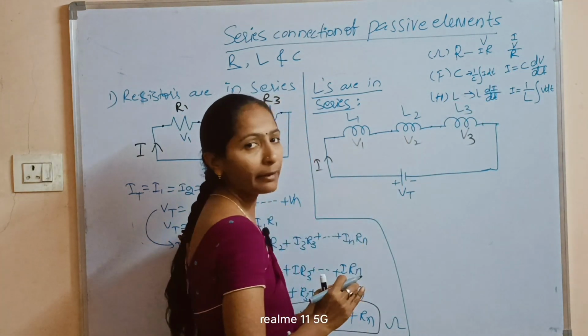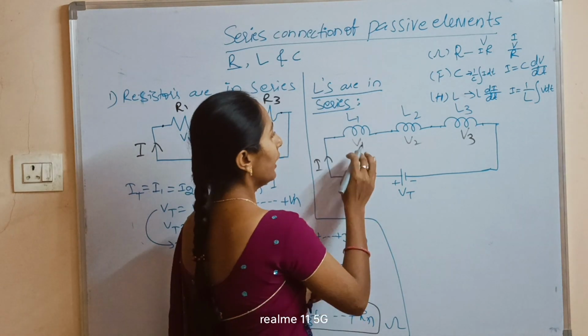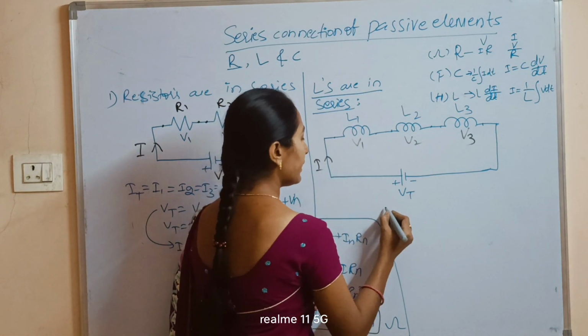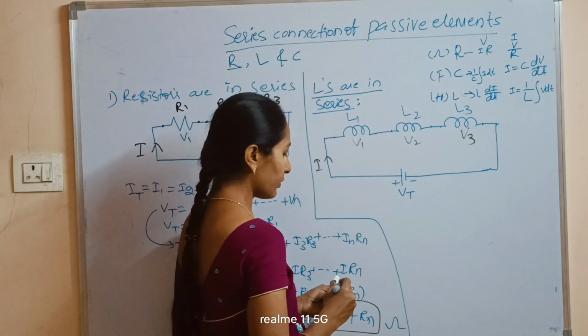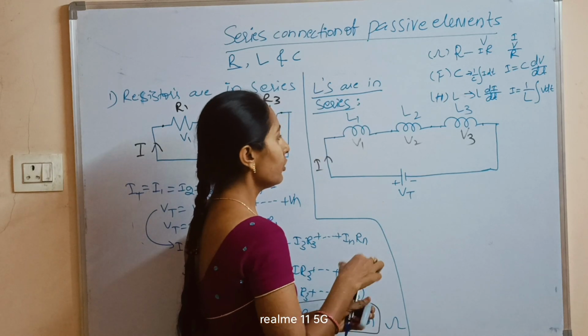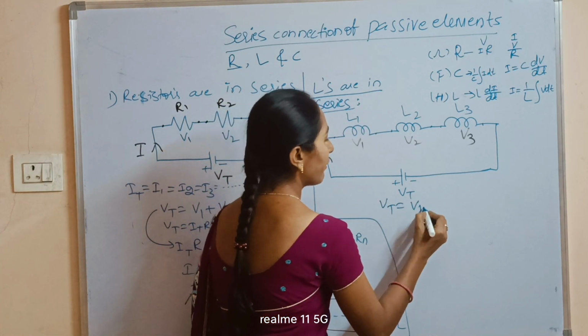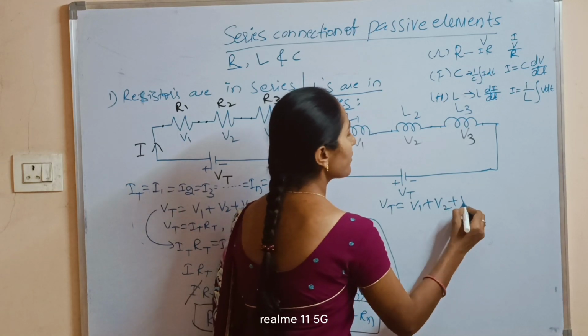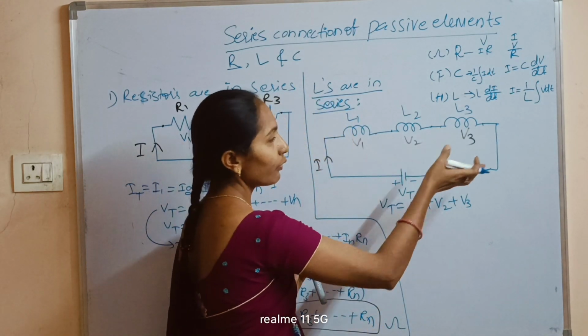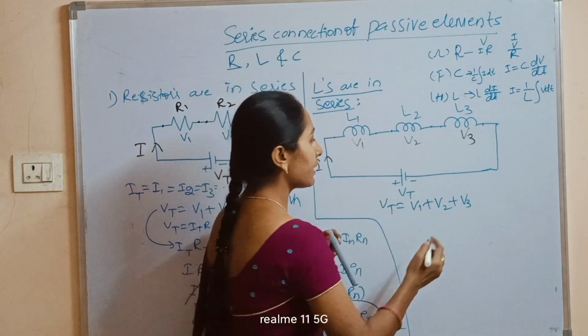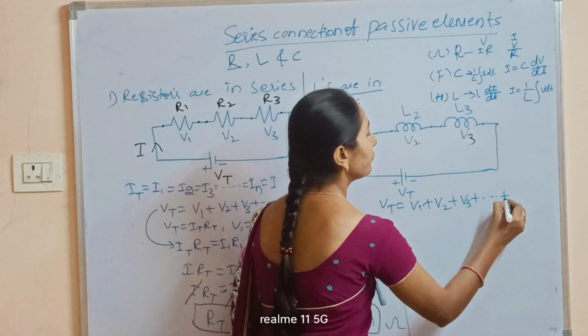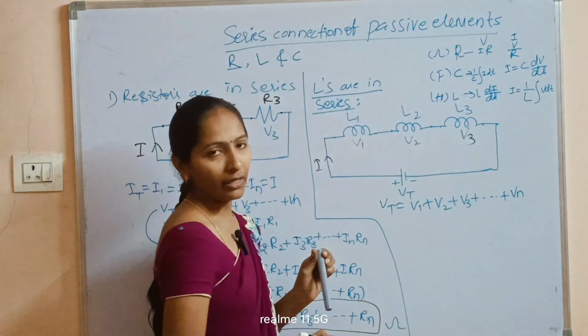That is L into di by dt. Now V total must equal V1 plus V2 plus V3. If n number of inductors are connected in series, consider it as Vn.